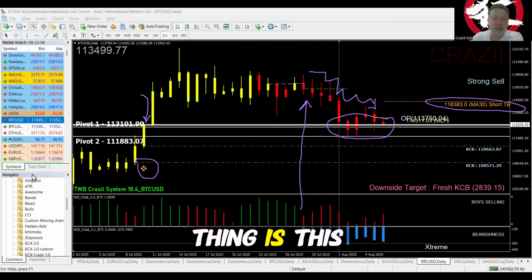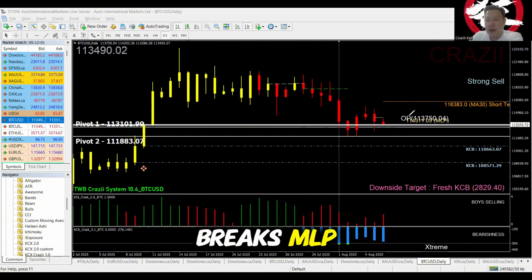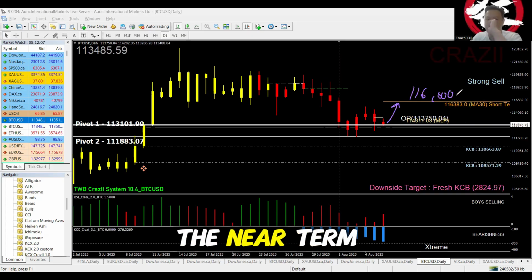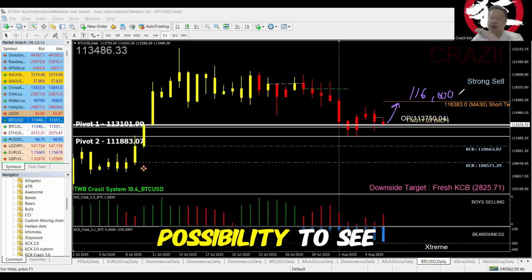Okay, so now the thing is this. Where will Bitcoin go? If Bitcoin breaks above MLP, it will be going to here, 116,000. That will be the target for the near term.